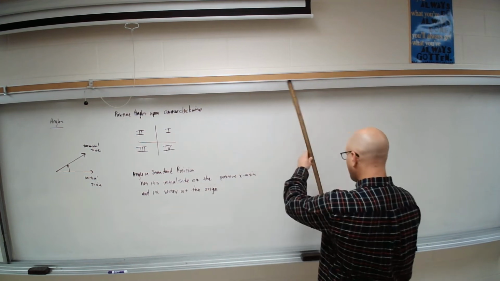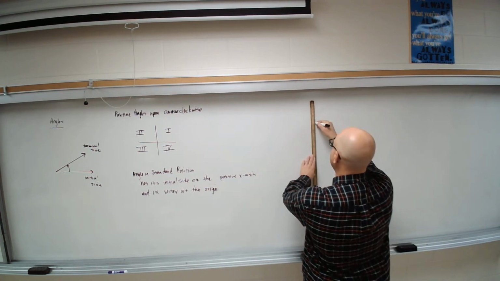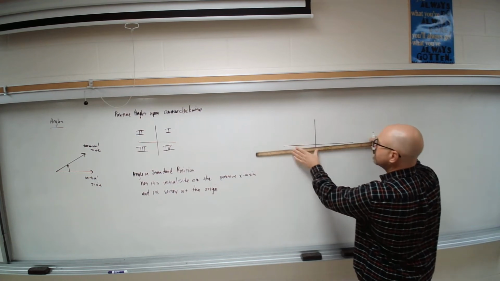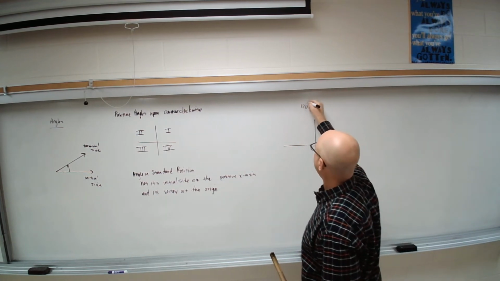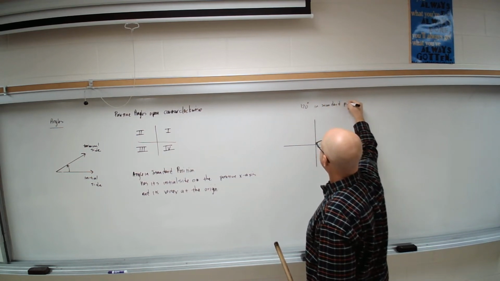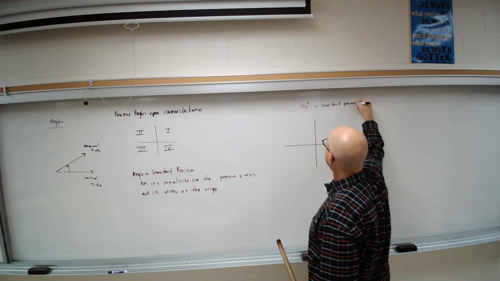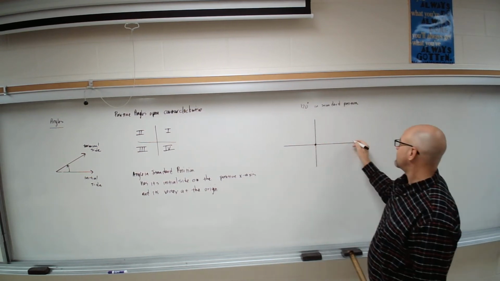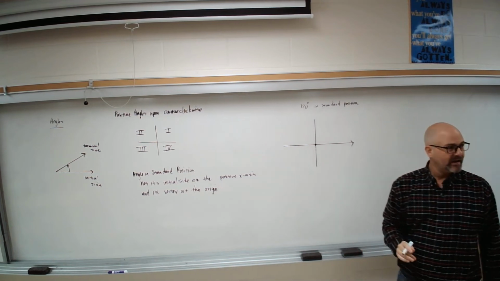So the vertex would be at the origin, the initial side would be on the positive x-axis. So if we drew the angle, let's say 120 degrees in standard position, our vertex would be right at the origin. The positive x-axis would be our initial side.